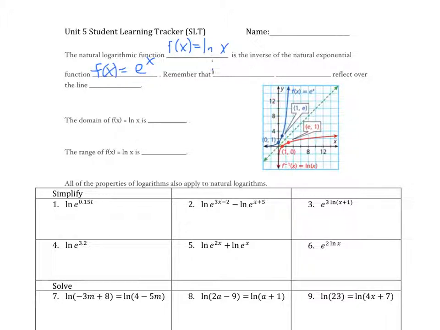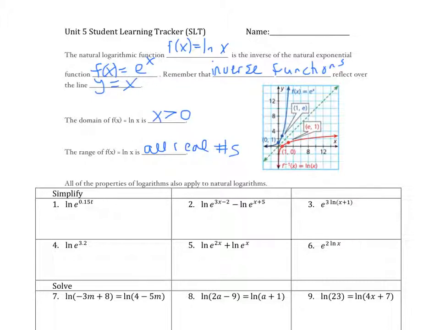Remember that inverse functions reflect over the line y equals x. So the domain of f of x equals the natural log of x is x greater than 0, and the range of the natural log of x is all real numbers.